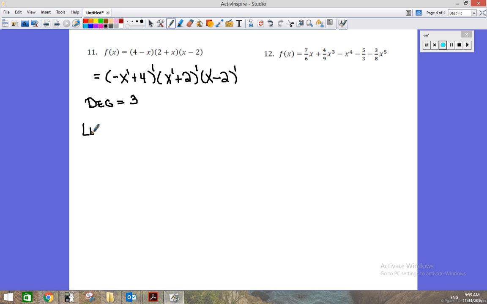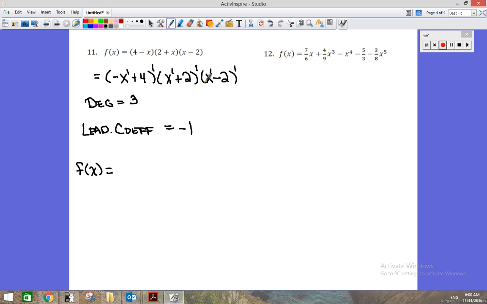The leading coefficient is going to be negative 1 times positive 1 times positive 1, which is a negative 1. So, like I say, I can answer those questions without having it written in standard form. I can still identify that from factored form, but the directions asked for us to rewrite this in standard form.